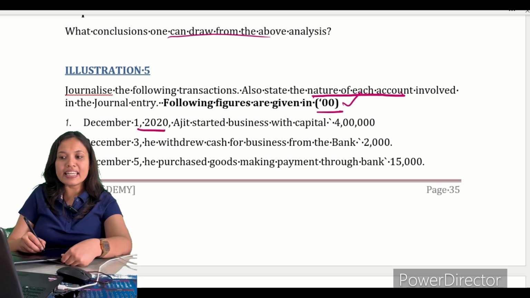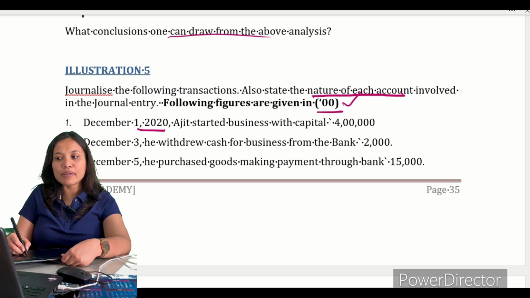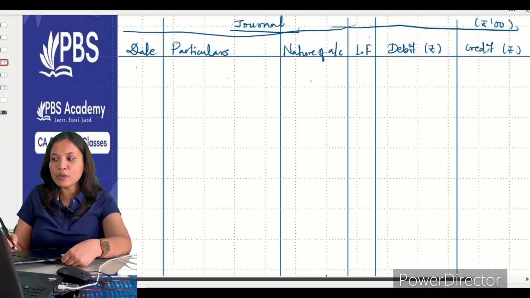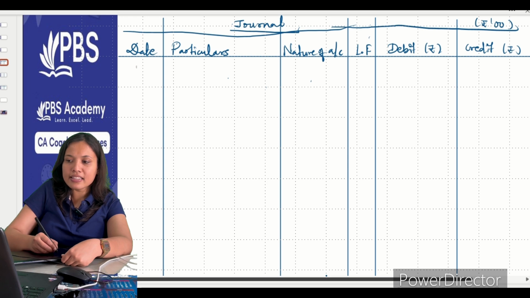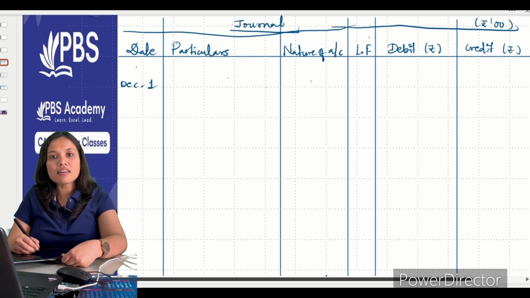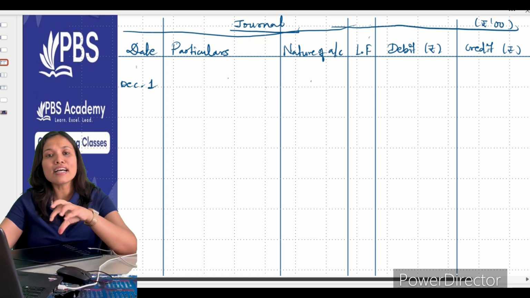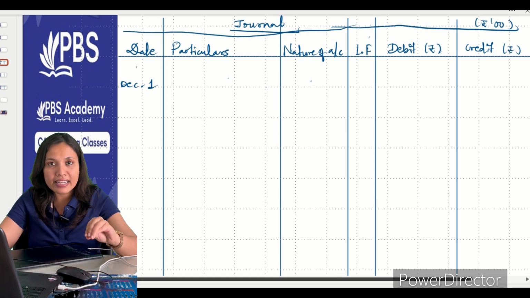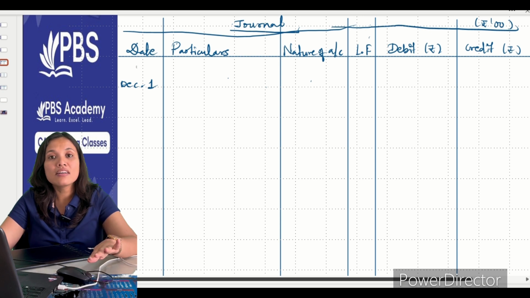December 1, 2020, Ajit started business with capital 4 lakhs. So December 1. So first write the dates. Ajit started the business with rupees 4 lakh. See, any amount given by the proprietors is treated as what?